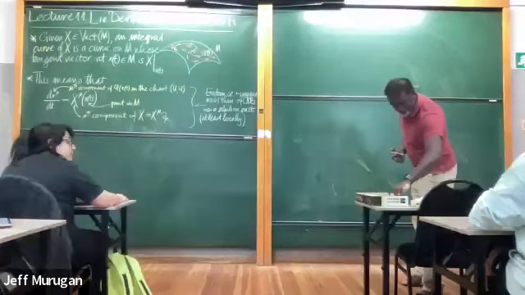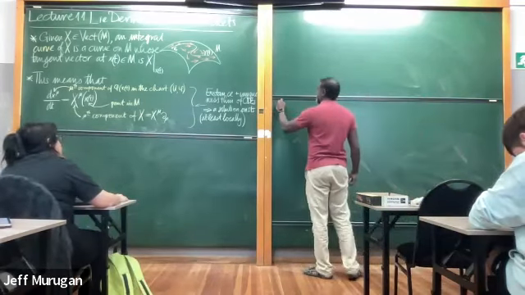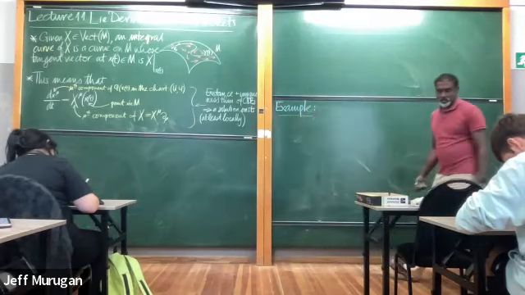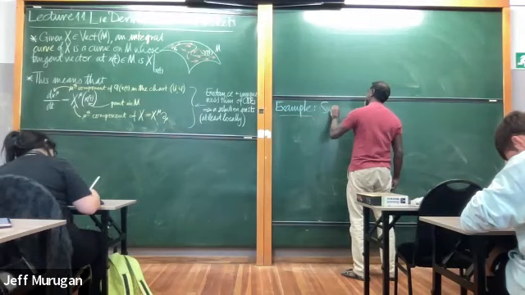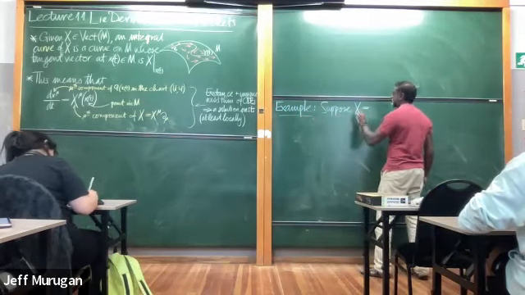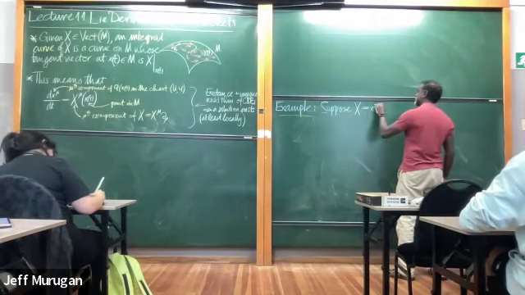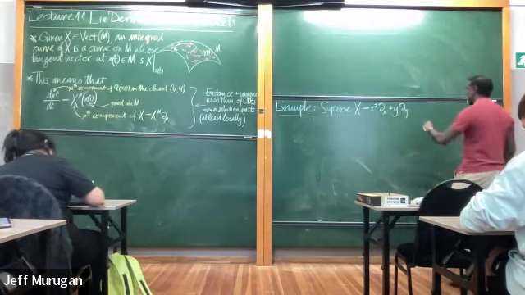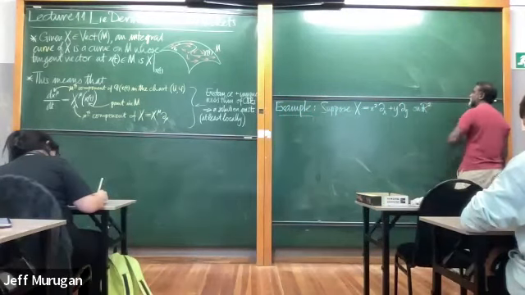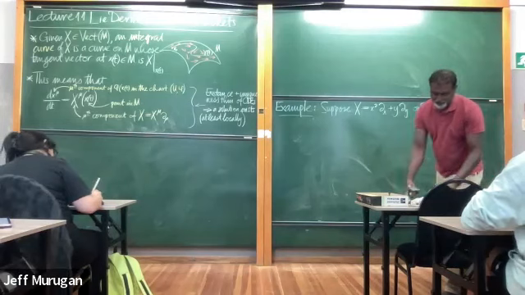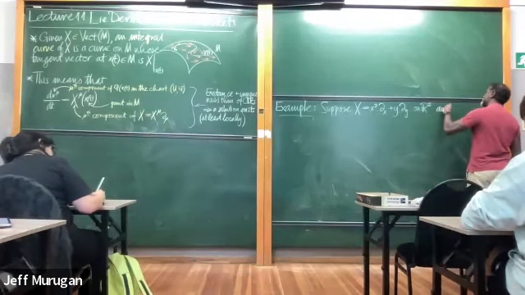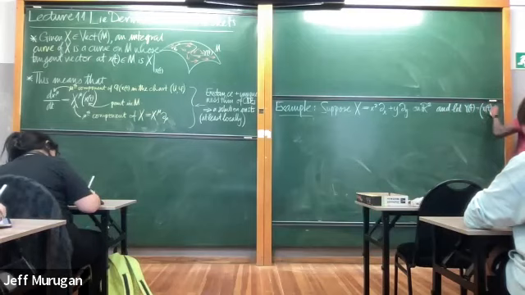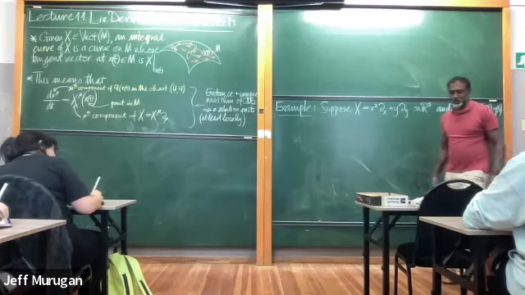So let me do an example to illustrate. Suppose X is x squared dx plus y dy on R squared, and gamma of t is parameterized by x(t), y(t).